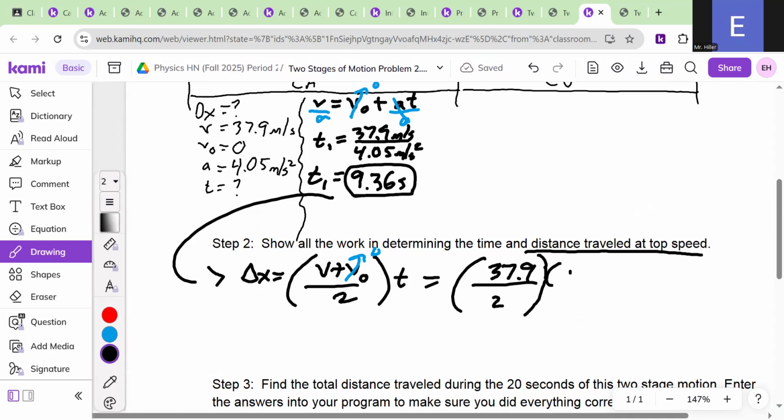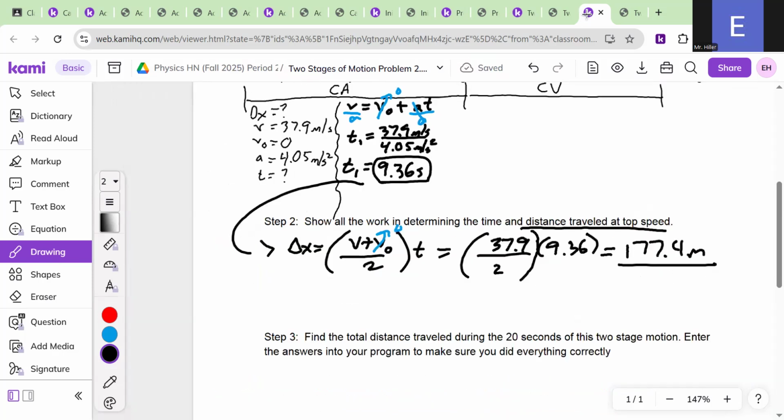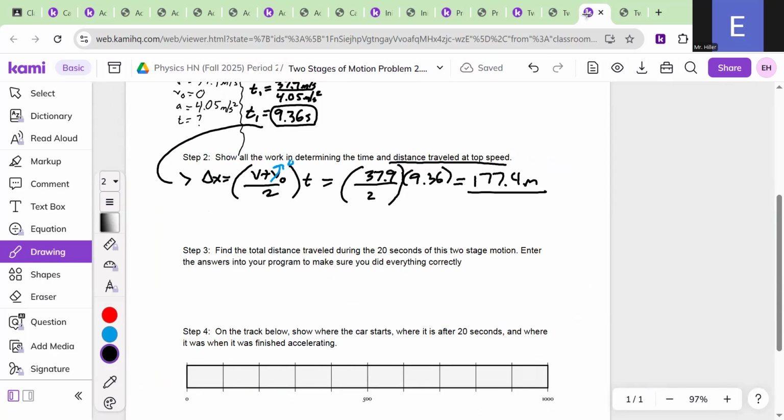Take half of it times your time. So 37.9 divided by 2 times 9.36. So I'm looking at a displacement of about 177.4 meters to accelerate. That's how far I go while I accelerate.